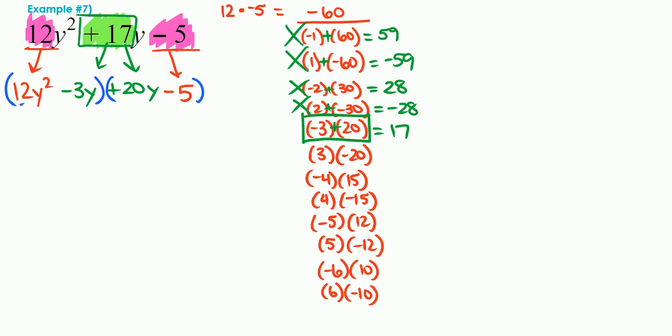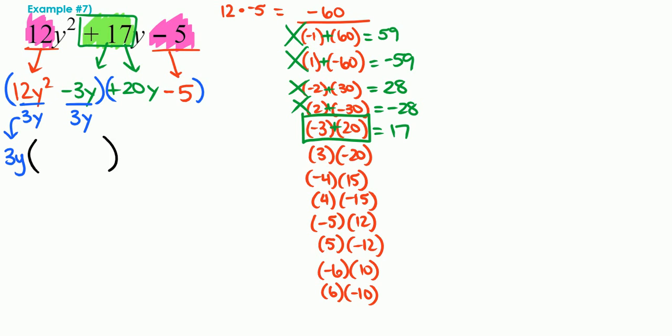So looking at the first set of parentheses, well, 12 and -3, those are really both divisible by 3. Also, I see that we have at least a y in common in those terms, so I can divide y out. So that's what I'm going to write in front of my new set of parentheses. I have 3y, and then I set up my new parentheses there.